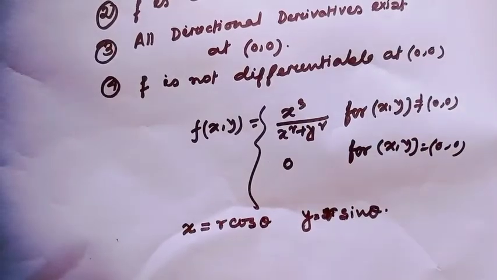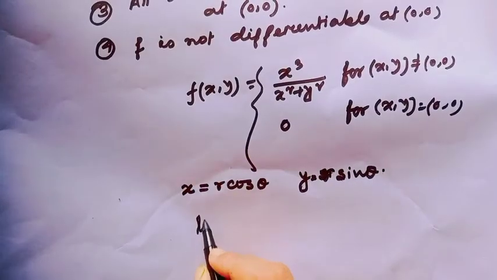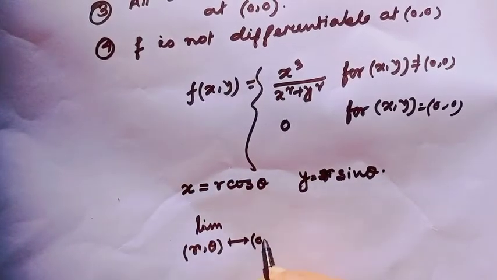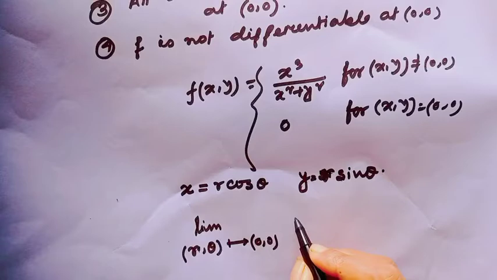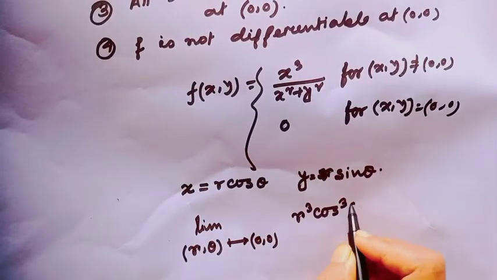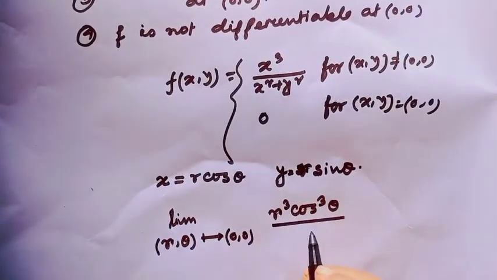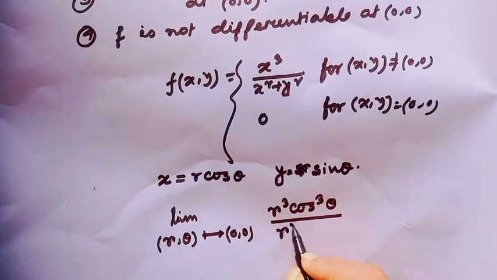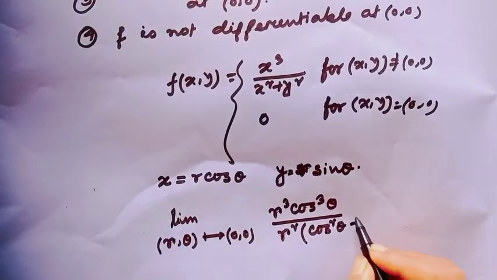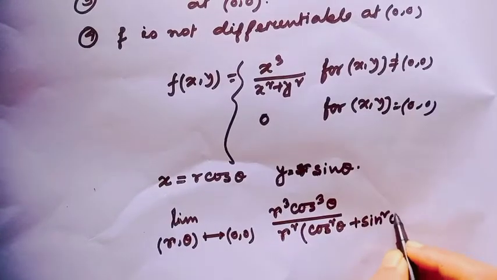Okay. Then limit as (r, theta) tends to (0, 0). Put the value: r cubed cos cubed theta over r squared (cos squared theta plus sin squared theta).